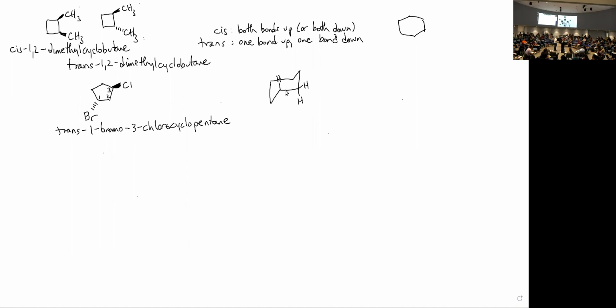That looks a little bit ugly, but I guess I can live with it. I've done better. So there we are. Those are the 12 hydrogens on cyclohexane.